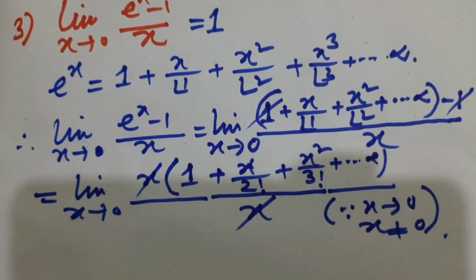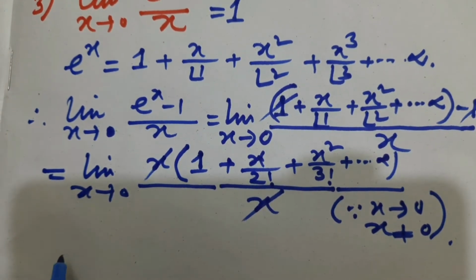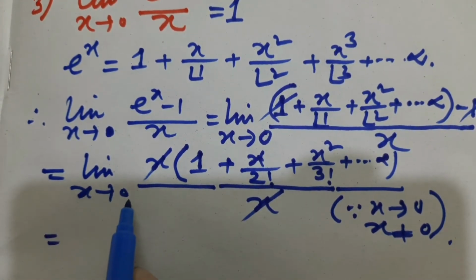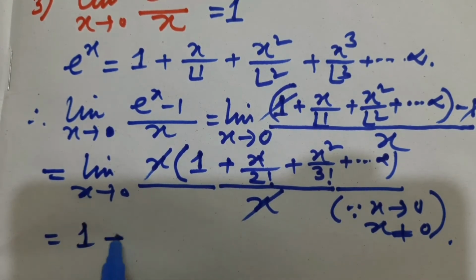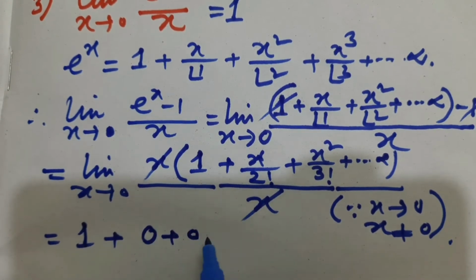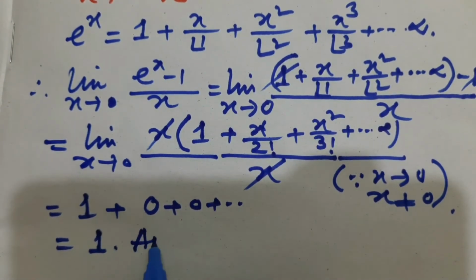Okay, now put x approaching 0 in the remaining part, so 1 plus 0 plus 0, so we get here only 1. This is the answer.